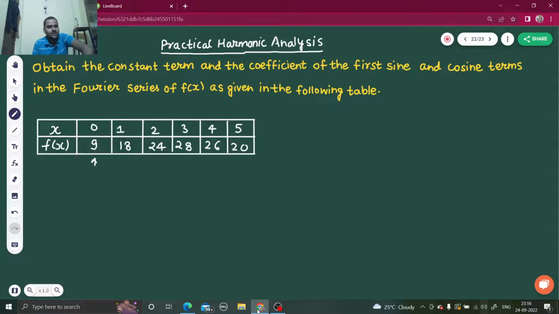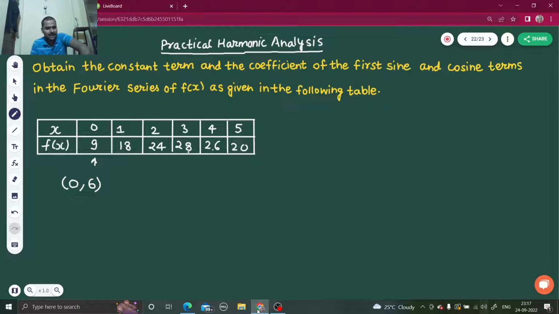So we can say that in this case it is repeating itself after 6. So the limit in this case will be 0 to 6. This is the first thing you have to understand, that because after 6 it will repeat, or you can also see 1, 2, 3, 4, 5, 6.